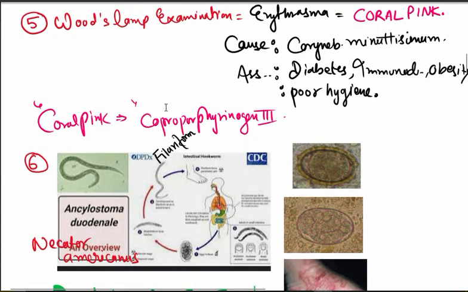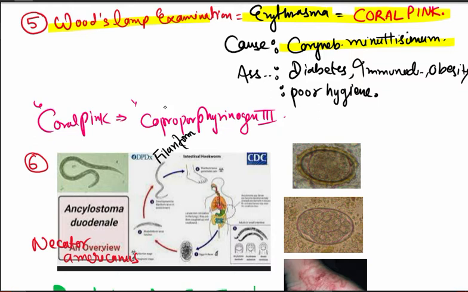Wood's lamp examination of erythrasma shows a coral pink appearance. And what is the cause of this erythrasma condition? This is Corynebacterium minutissimum.